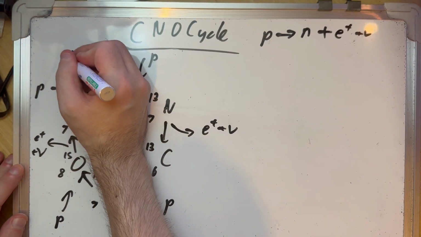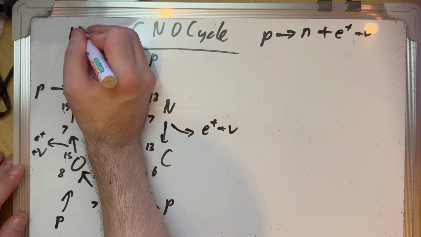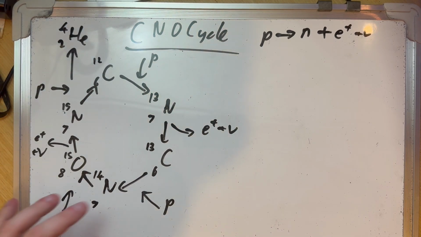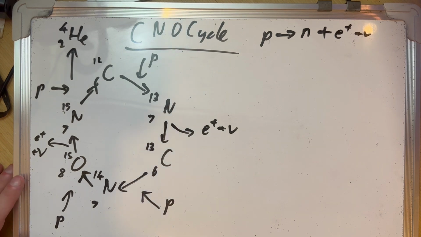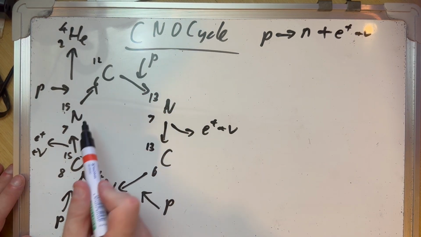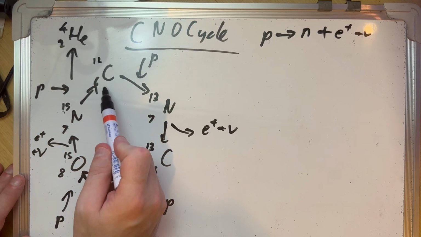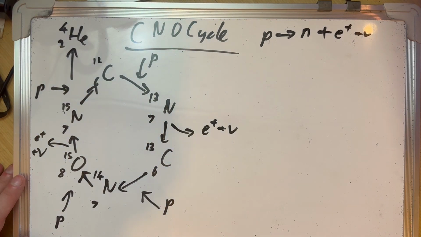It could just emit helium-4, because this is a fusion process. We do keep pumping in protons, we get helium at the end. So then it would be back here. So it's gained a proton, but then it lost 2 protons and 2 neutrons, which would make it carbon 12.